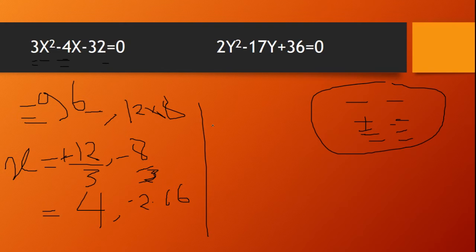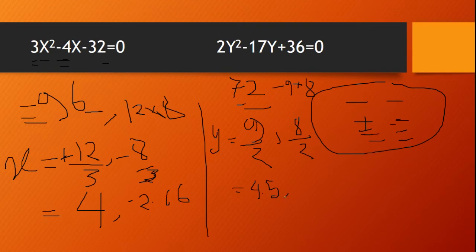And for y, similarly, 2 into 36 will be 72. This is 9 into 8. So the roots will be 9 by 2 and 8 by 2. So this is 4.5 and 4.